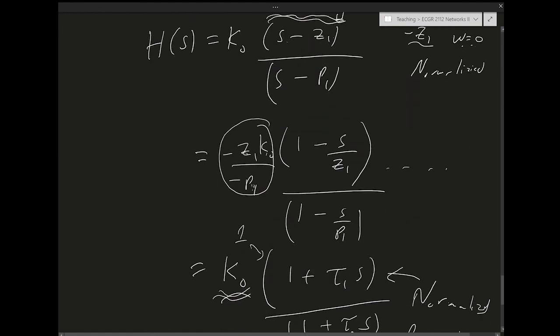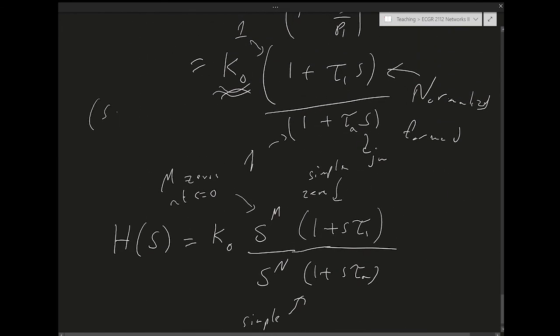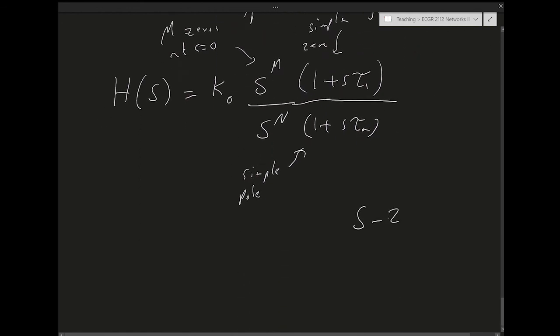We can always combine, right? If I have a set of zeros, s minus zk, let's say, and this is complex, so it must come with a conjugate pair. So if zk exists, which is complex, then zk conjugate must exist as another zero, right?